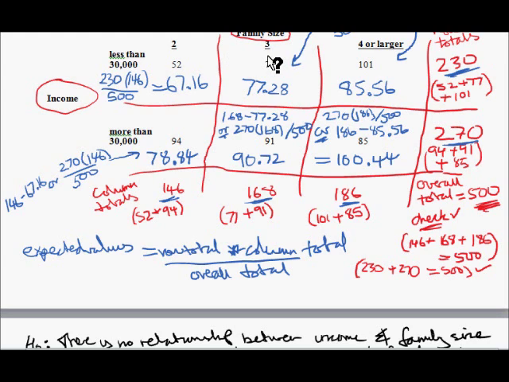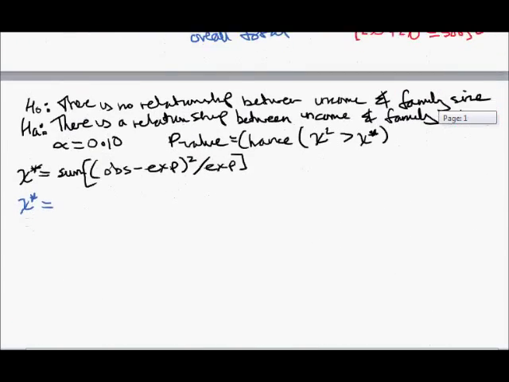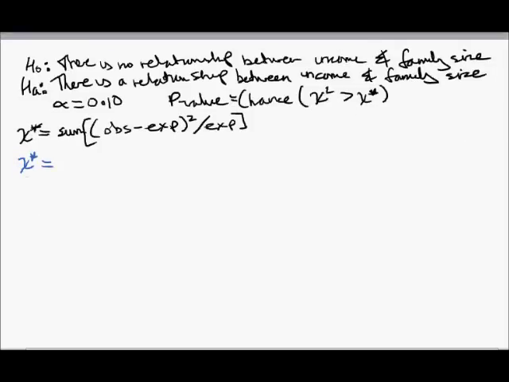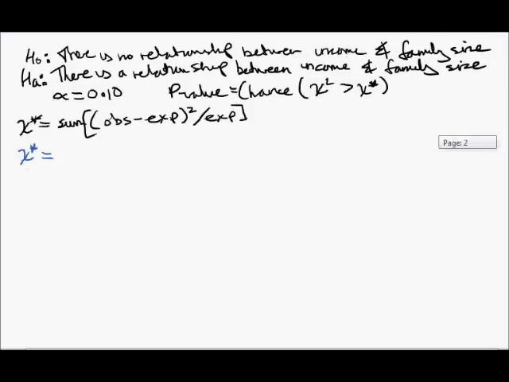Then plus the observed 77 minus the expected 77.28, divided by 77.28. I'm going to do that for all 6 of these cells. It's hard to get them both on the same screen, so I'll do it down here.